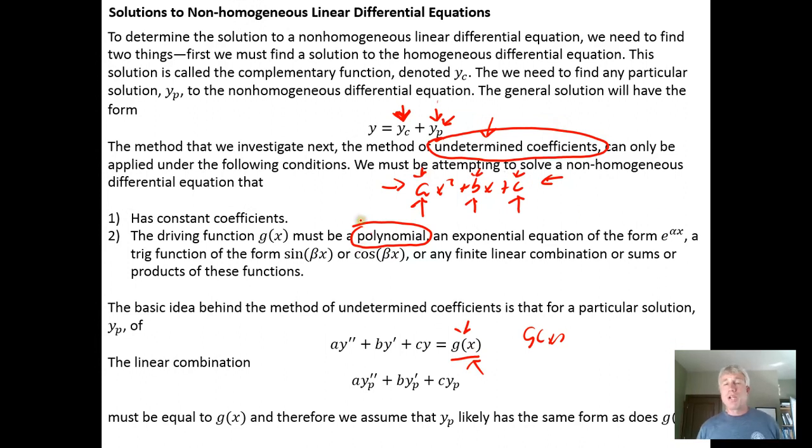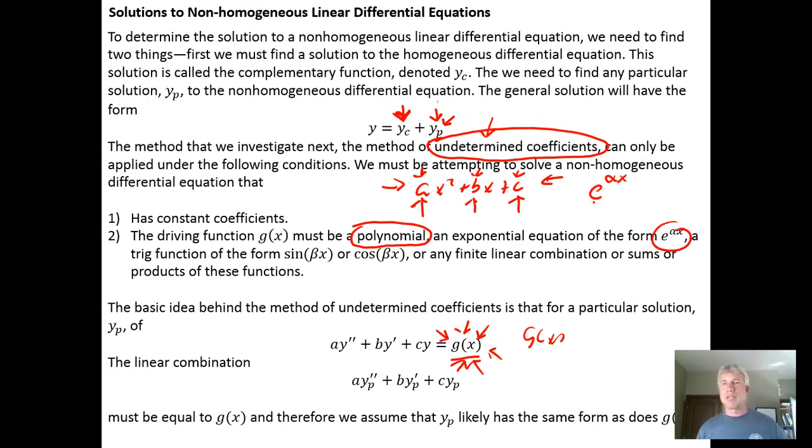So undetermined coefficients is a technique that we use when the function g of x has derivatives that also look like g of x. And that's going to occur in very specific cases. Polynomials: derivatives of polynomials are polynomials. e to the alpha x, base e exponentials: when you differentiate e to the alpha x, you get a constant times e to the alpha x.